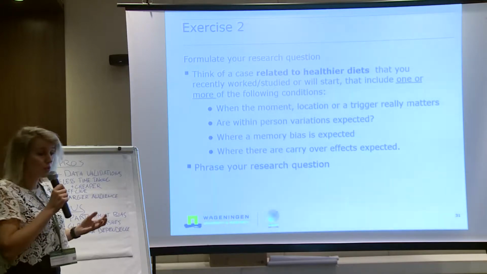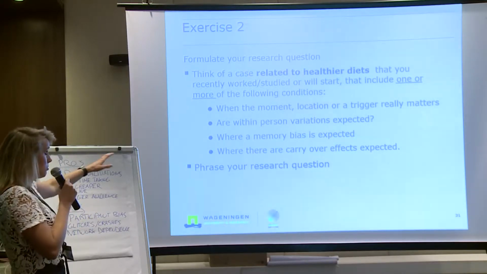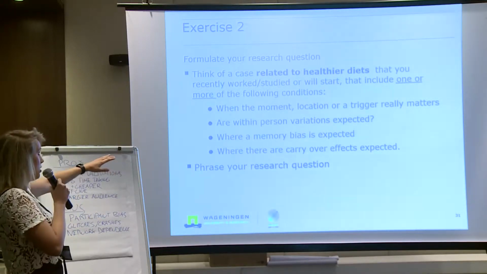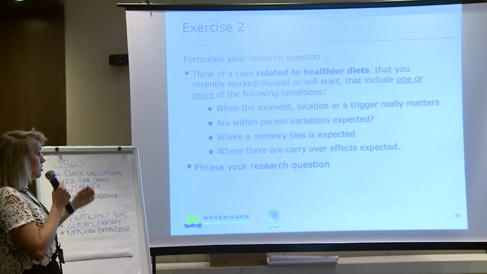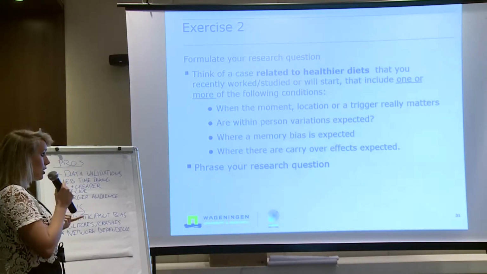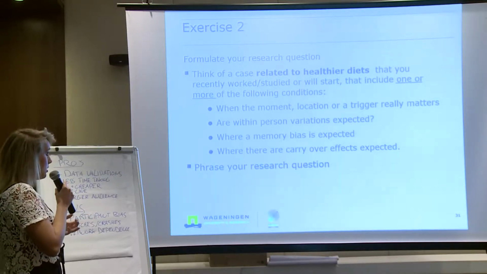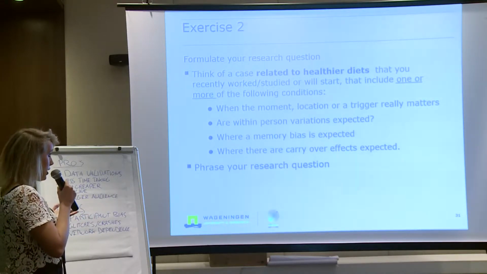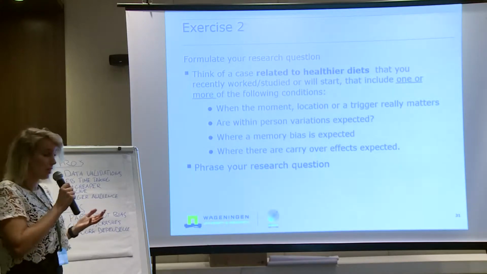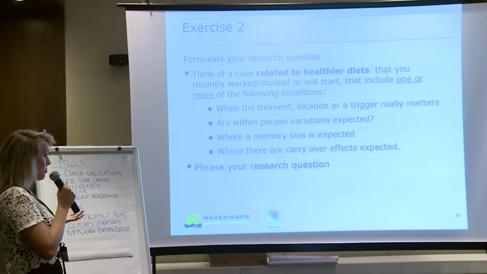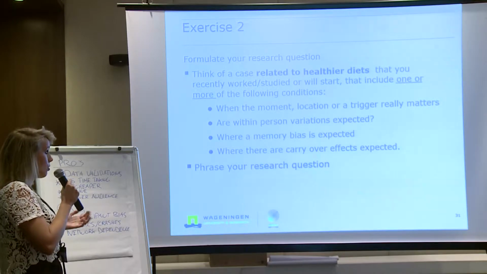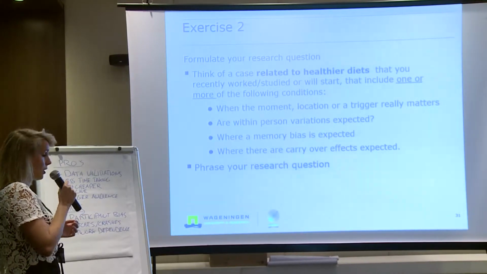But it's important that you include one of the following conditions, so that the moment, the location, or a trigger really matters. That you expect within-person variations, where a memory bias is expected, or where there are carryover effects expected.